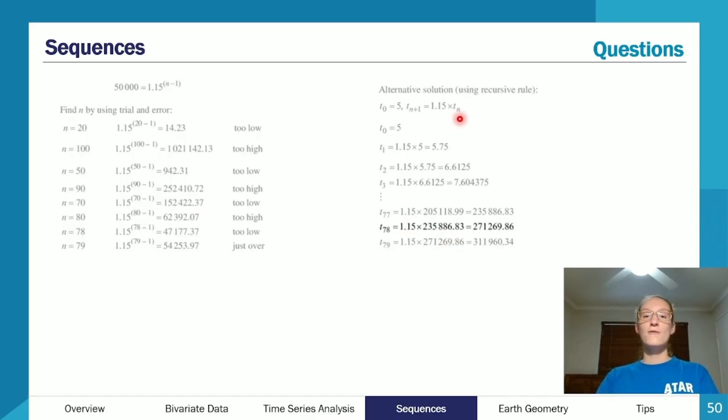So when we're trying to solve for n in these trickier questions, you have the two options of trial and error or recursion using your calculator. And whichever one works best for the scenario is totally up to you. Sorry we briefly went through that question. We haven't gone through the exam answer exactly. And I believe there might be some errors in these slides, but I just wanted to briefly overview the approach to the question.